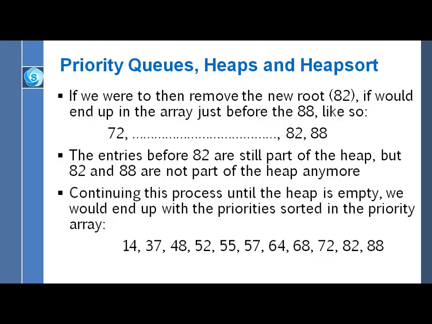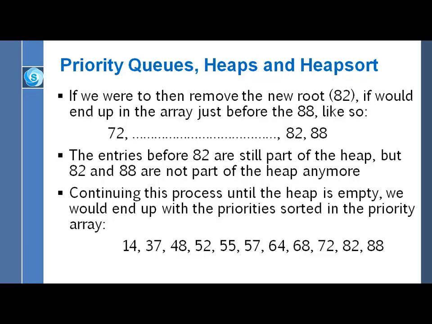Okay? So you might be thinking, oh, gee, just what we need, another way to sort numbers. Okay, but I want to point out that we haven't just sorted these priority numbers. We've actually rearranged the data in the data array, right? Now the data in the data array could be any type of data. Could be student record objects, for example, right?